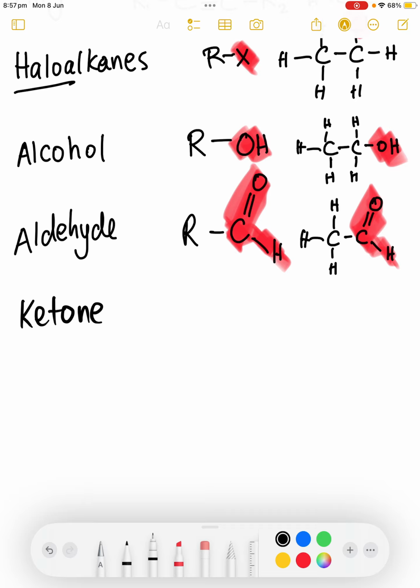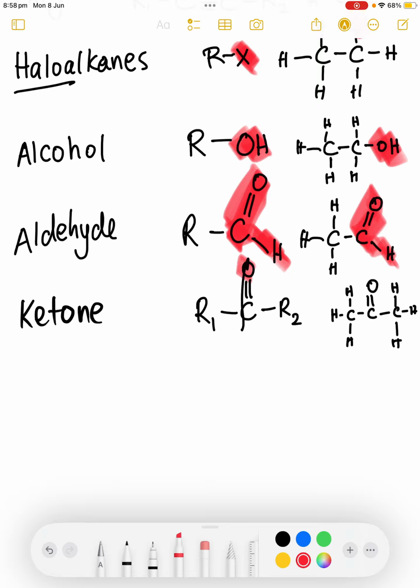Just change that one there. Where there's R1, C, double bond O, R2. We can show this as C there, C, double bond O, C, H, H, and H. And it's right there. The next one is a carboxylic acid.